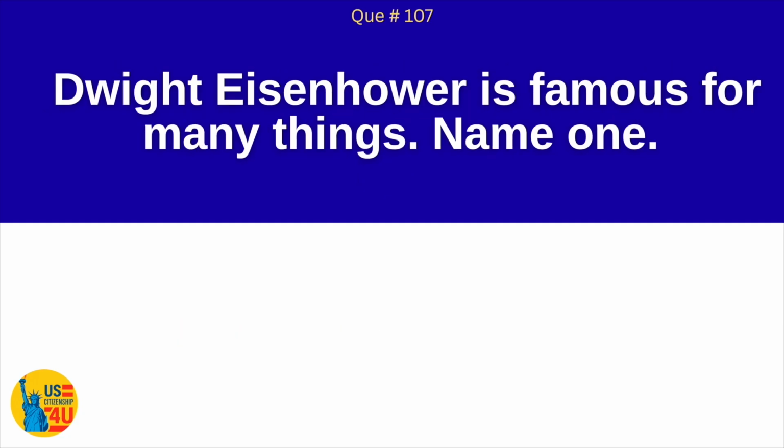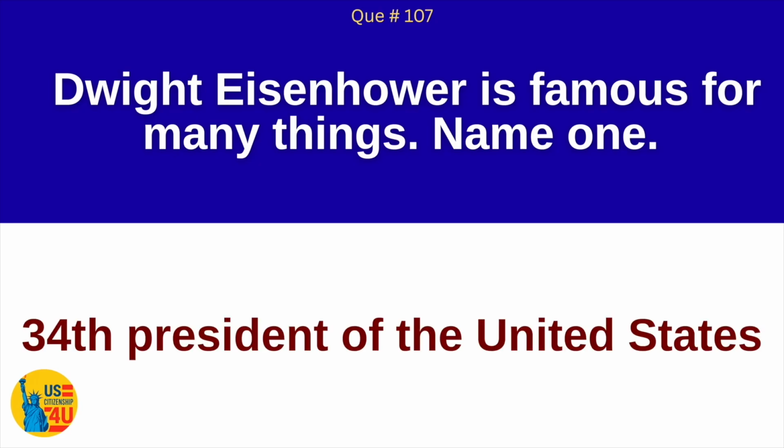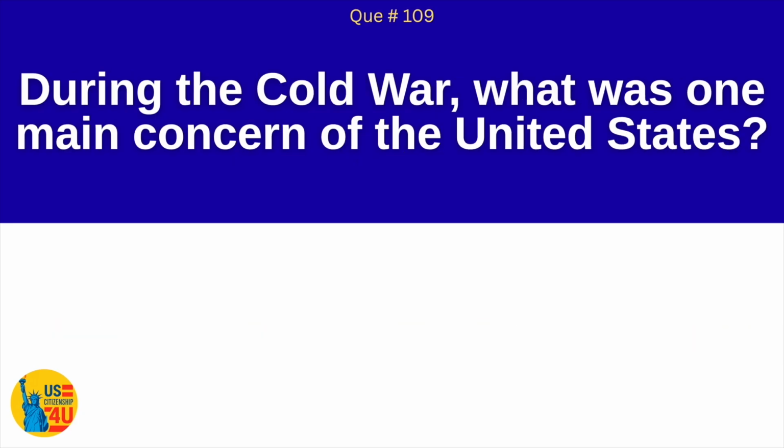Dwight Eisenhower is famous for many things. Name one. 34th President of the United States. During the Cold War, what was one main concern of the United States? Communism.